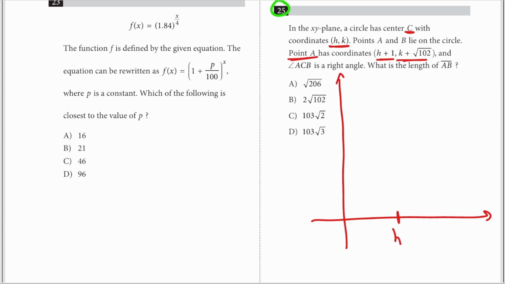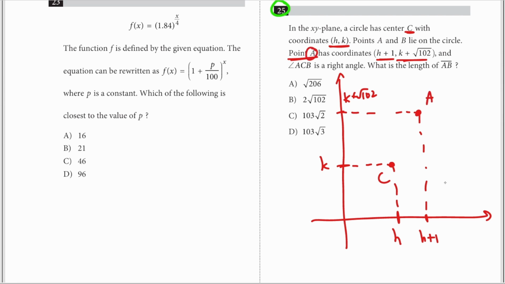So this is h and this is k. So then here, this point is C. Now h plus 1 will be to the right, and k plus root 102 is going to be somewhere like that. So now this point here is therefore point A.